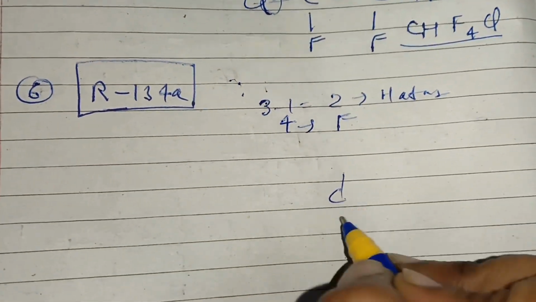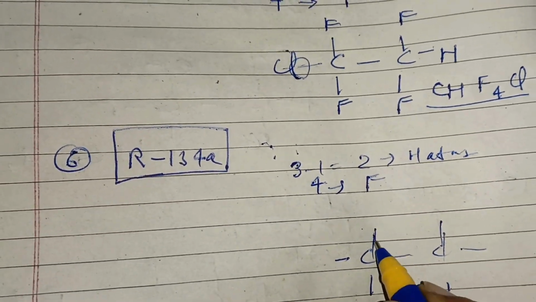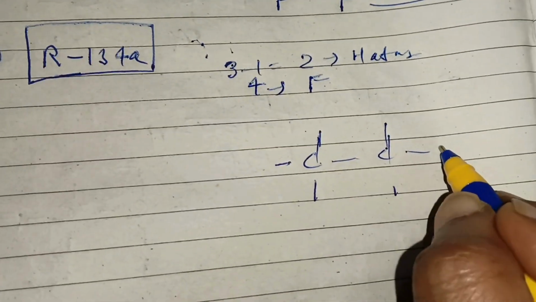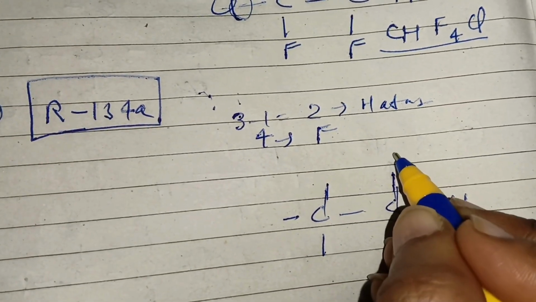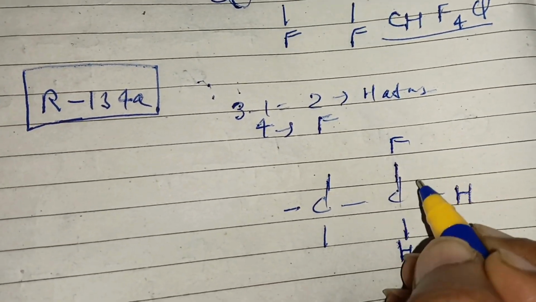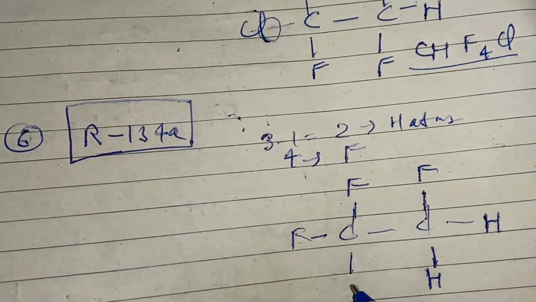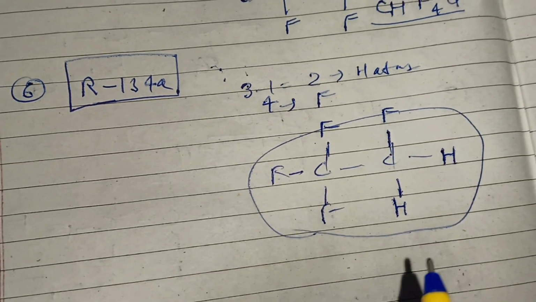Now give pictorial representation for the carbon bonds. So you have just seen 2 is the hydrogen atoms. You can give 2 hydrogen to this carbon. 1 is left, so you can give 1 fluorine to this carbon. There are 3 more fluorine to come, F, F and F. You have seen all the vacancies for the 2 carbon atoms are occupied.